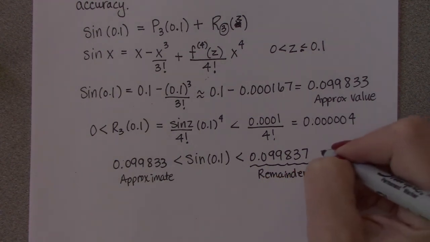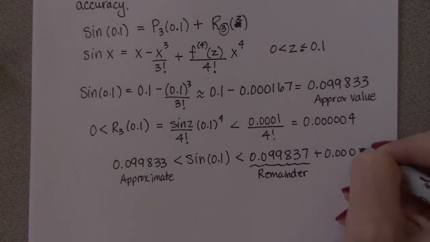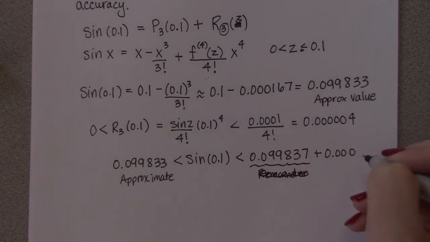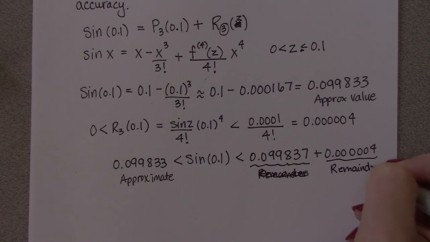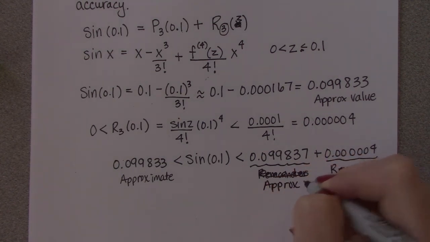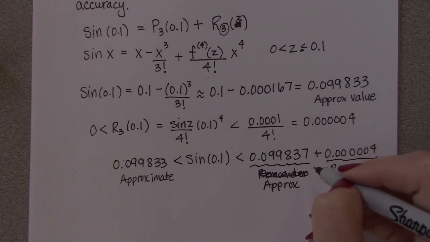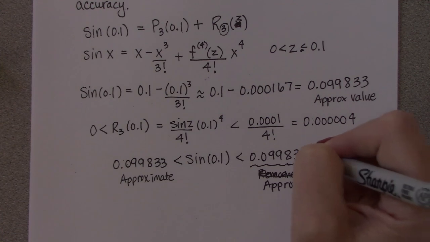And this was the remainder. Oh, I did that backwards. Sorry, guys. What did I write here? This should be a 3.